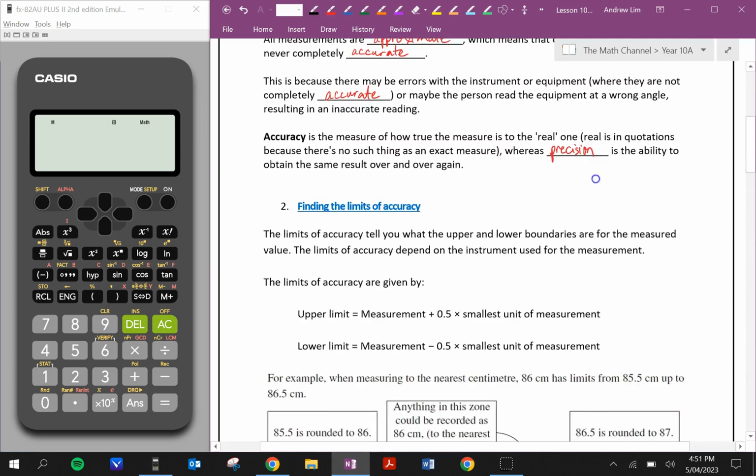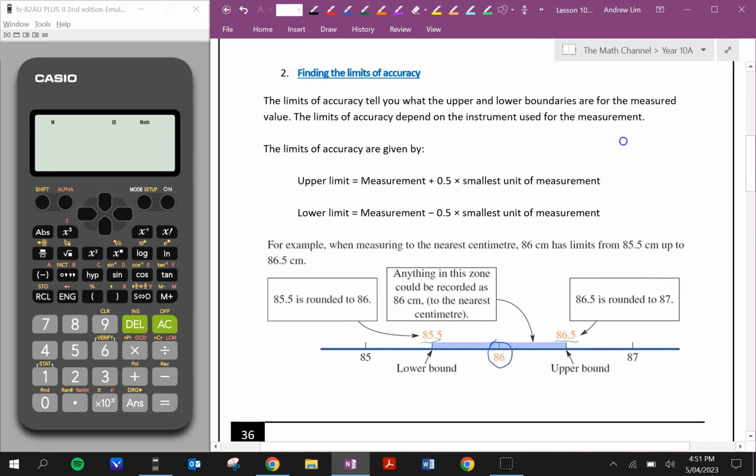So let's have a look at finding the limits of accuracy, which is pretty much what I just said. The limits of accuracy tell you what the upper and lower boundaries are for the measured value. What two numbers does the measurement that we recorded actually lie between? The limits of accuracy are given by these two formulas.